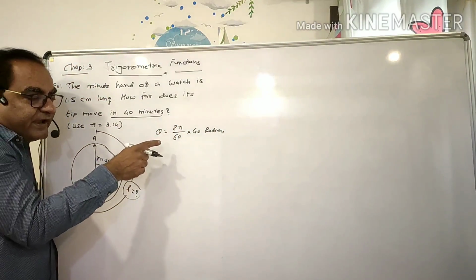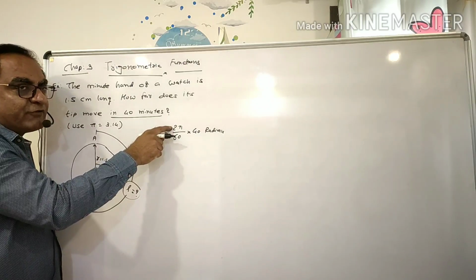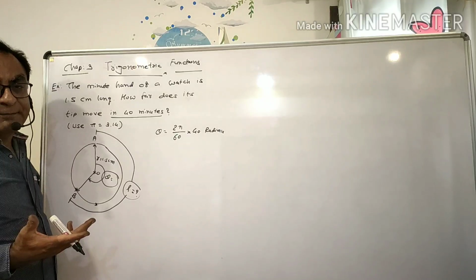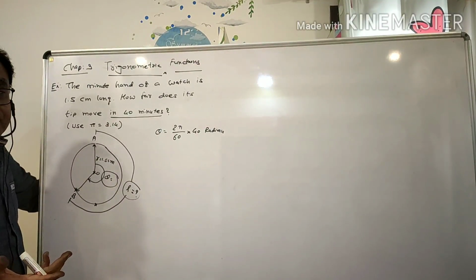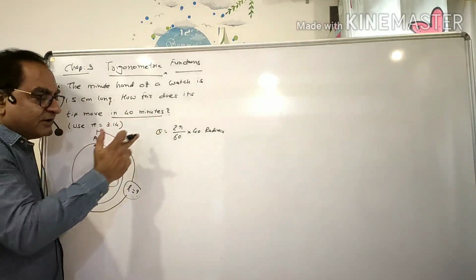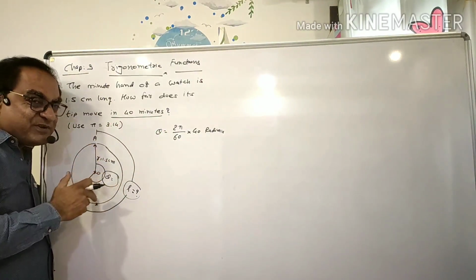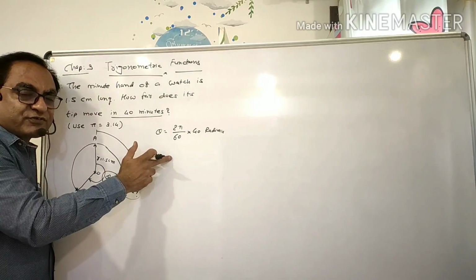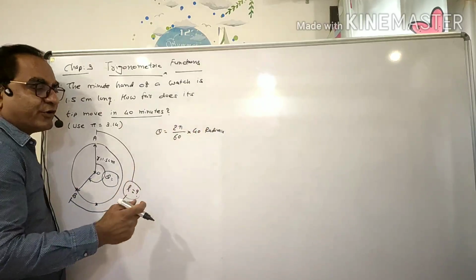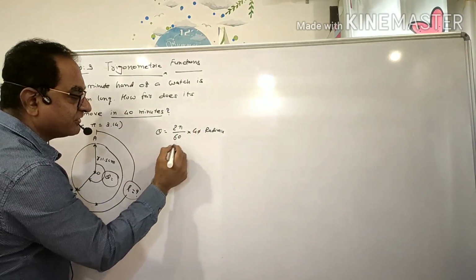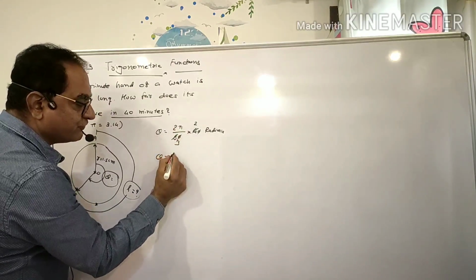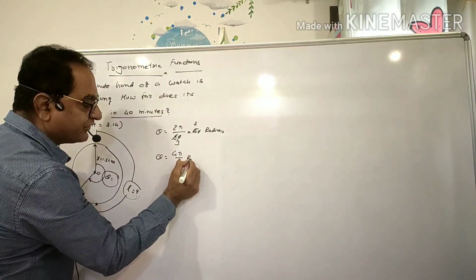If we had taken 360 in place of 2 pi, then it would be in degrees. But for using the formula theta is equals to L by R, theta should be in terms of radians. So for one complete revolution it's 2 pi radians, and in one complete revolution it's 60 minutes. So 2 pi radians divided by 60 minutes, and for 40 minutes multiplied by 40. Yeah, we can have a simplification. So theta is equals to 4 pi by 3 radians.